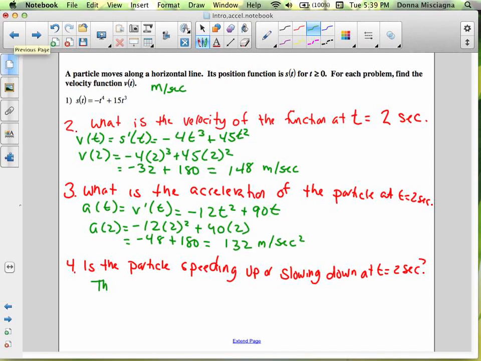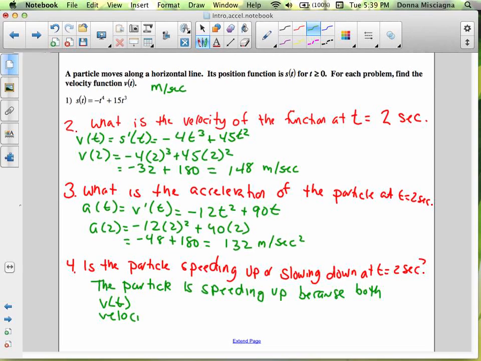The particle is speeding up because both v of t, it's fine to put v of t, we've identified that that's our velocity, you can write velocity, I'll do both, and a of t, which is acceleration, are greater than 0 at t equals 2 seconds.